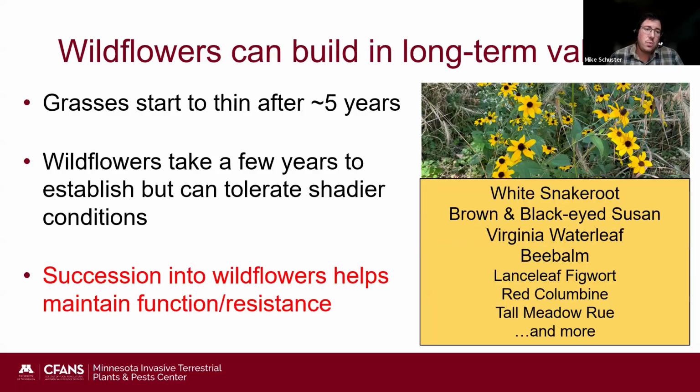And they start to really take off at about the same time that those grasses are thinning out. And so it's a built-in planned succession, that the succession into those forbs does help maintain cover and ecological function and resistance against invasion going forward.